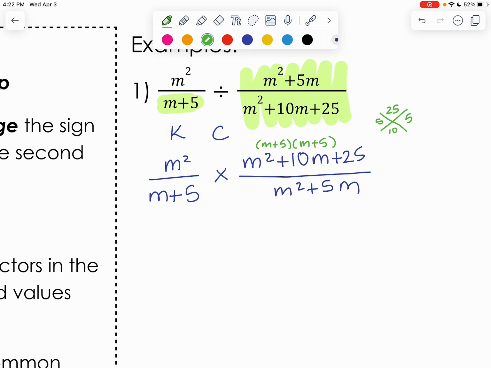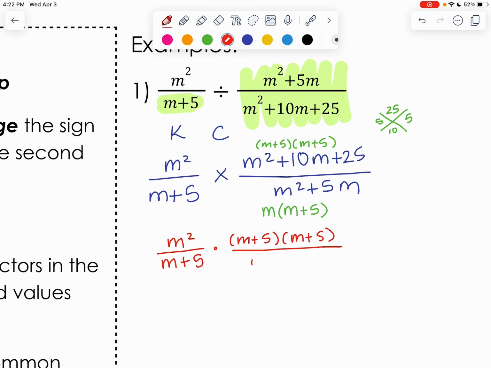So we're going to factor out a GCF of m, and we're left with m plus 5 in parentheses. I can rewrite this just so it's a little bit neater. We've got m squared over m plus 5 times m plus 5 times m plus 5 over m times m plus 5.